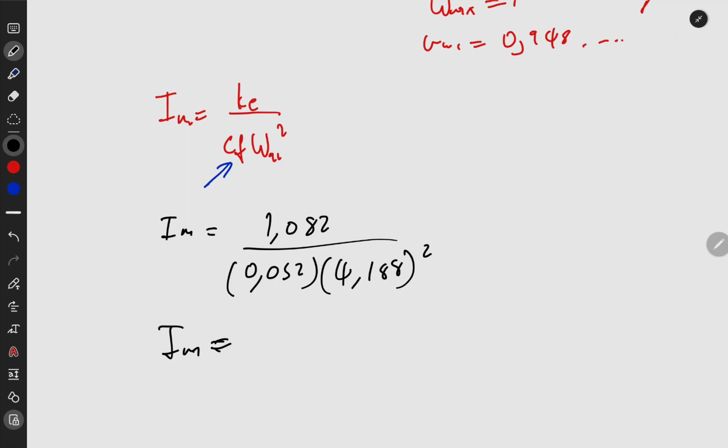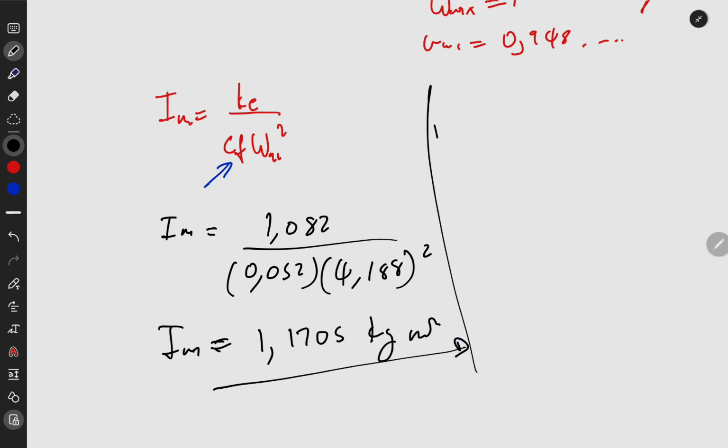Let me try punching it on my calculator so that I can give you the proper value. Okay, then I'm getting 1.1705 kgm squared. Okay, now we have that.